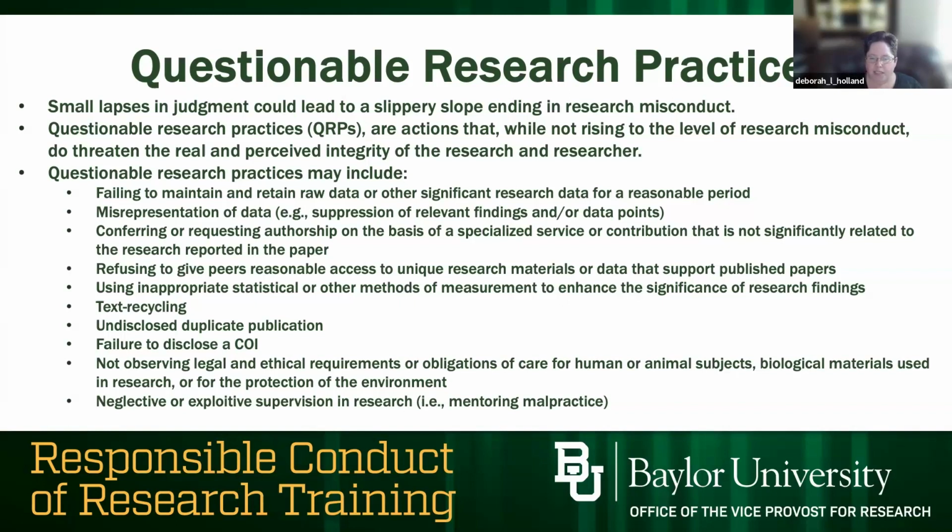Using inappropriate statistical or other methods of measurement to enhance the significance of research findings, text recycling or self-plagiarism, undisclosed duplicate publication, failure to disclose a COI, not observing legal and ethical requirements or obligations of care for human or animal subjects, biological substances, or the protection of the environment, and then neglective or exploitive supervision in research, such as mentoring malpractice.